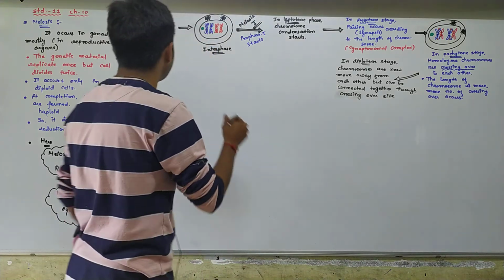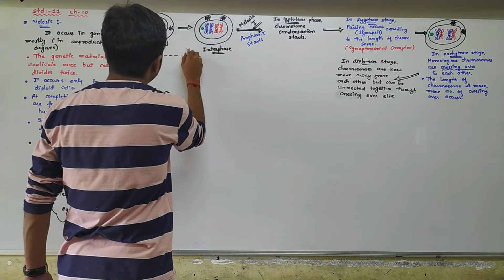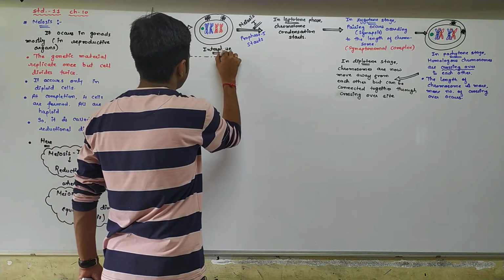In diplotene stage, the chromosomes start to move away from each other.